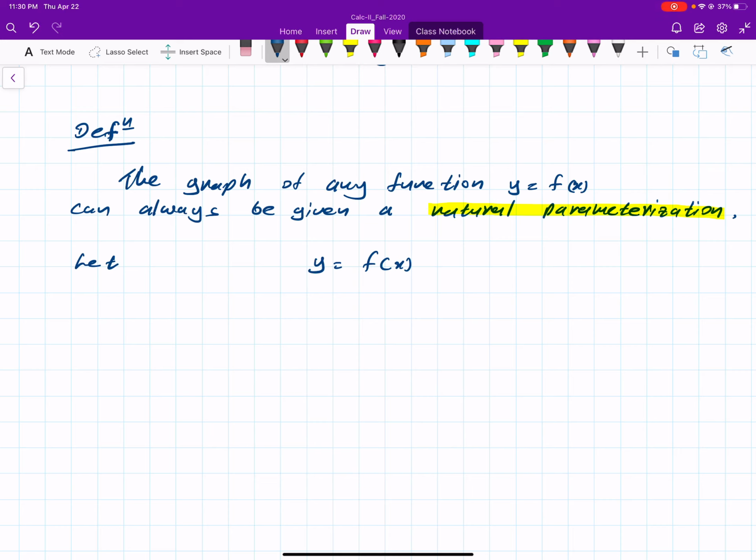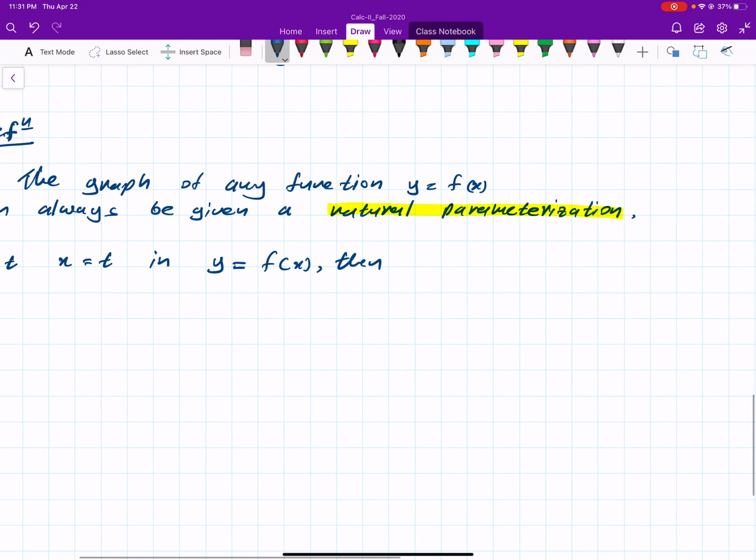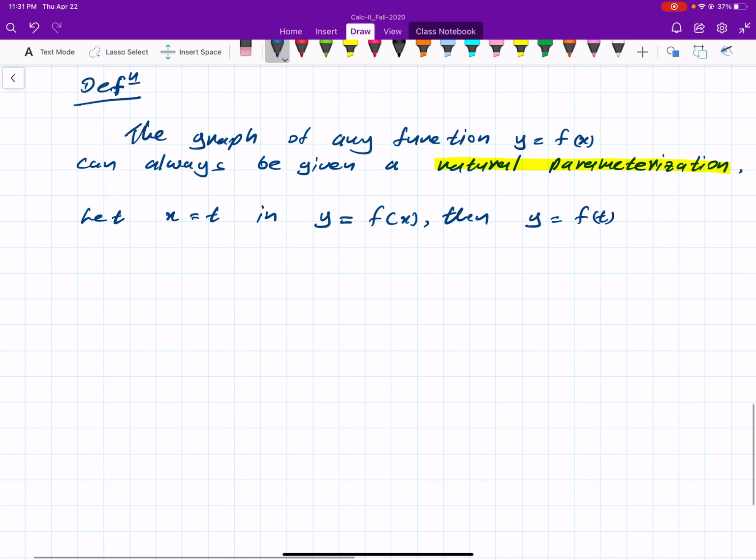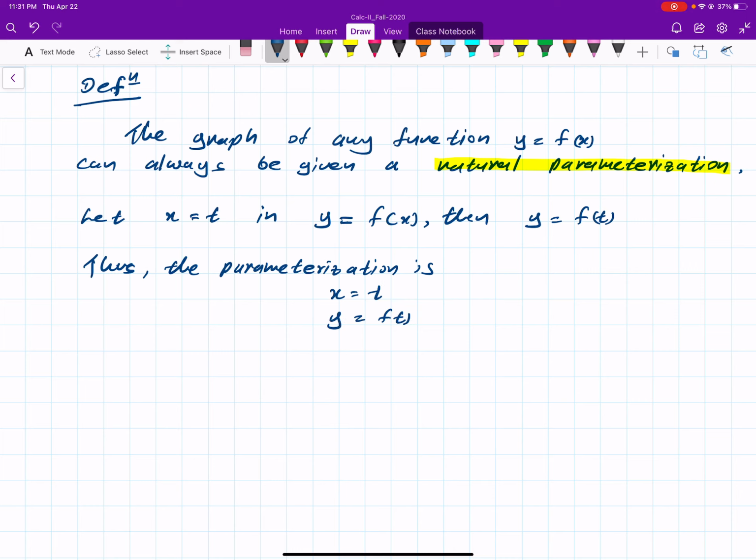Let x equals t in this equation, then y equals f of t. Thus, the parameterization is x equals t, y equals f of t.